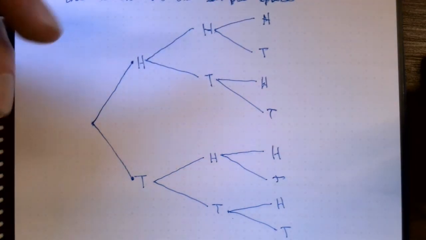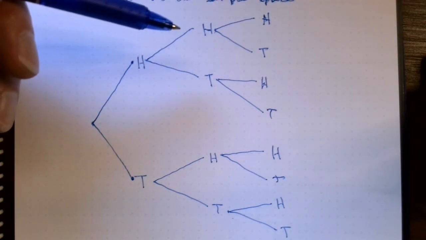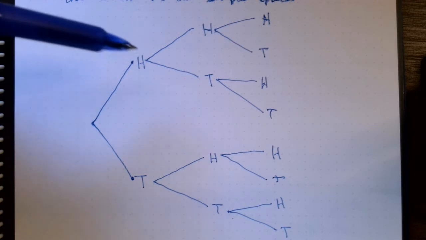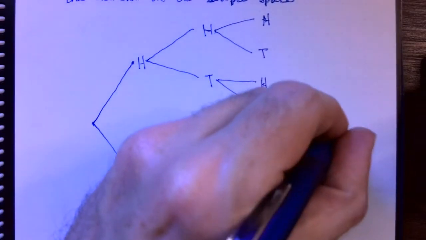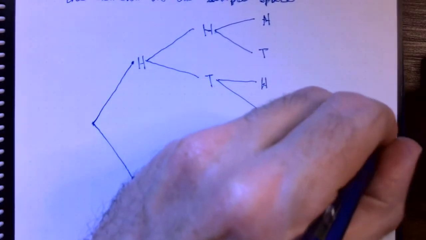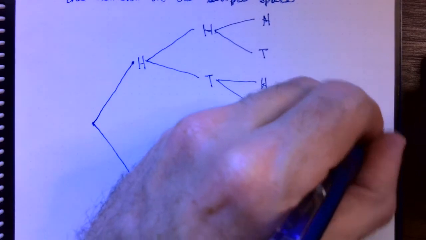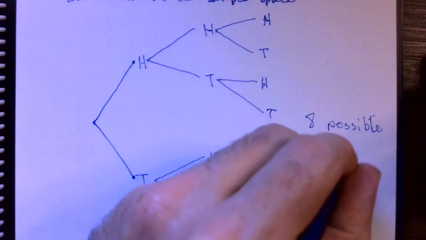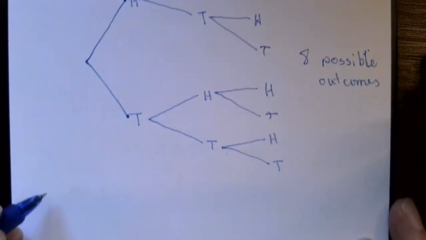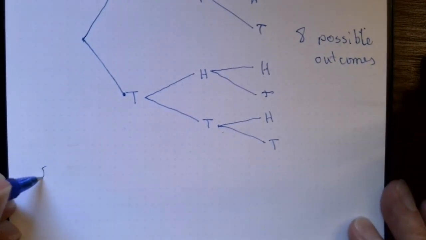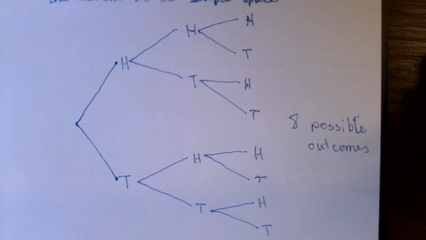That's a possible outcome from this experiment right here. And we can see here that there are 8 possibilities. So 8 possible outcomes. And since the question did ask me to list them, I'm going to go ahead and do that with the help of my tree diagram.